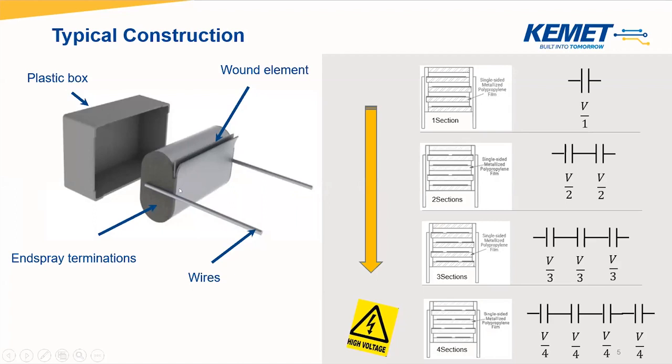Of course, this is just an example because we could have a different termination, so not just wires, but male or female terminals to have a direct mounting on the bus bar or others. Then the capacitor is typically placed inside a plastic box and covered with resin.